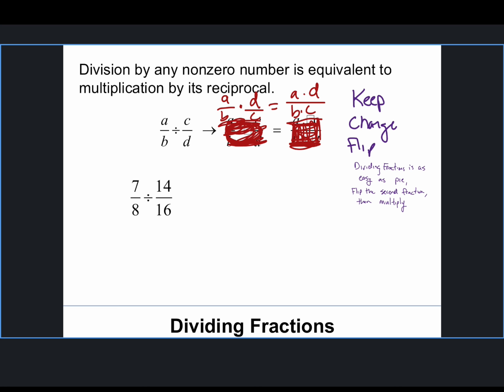So we're going to keep the first fraction, which is 7/8. We're going to change division to multiplication. And we're going to multiply by the flip of 14/16, which is 16/14. Now that we have multiplication, now we can reduce if we want to. And we probably want to, right?